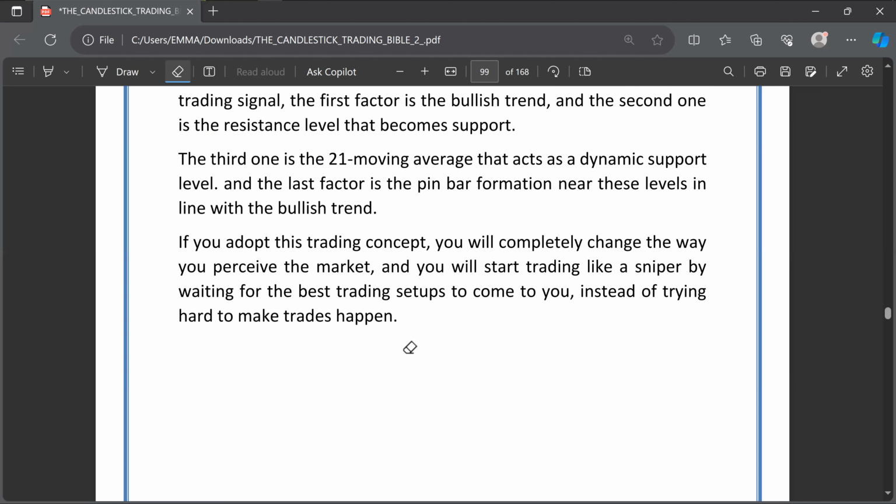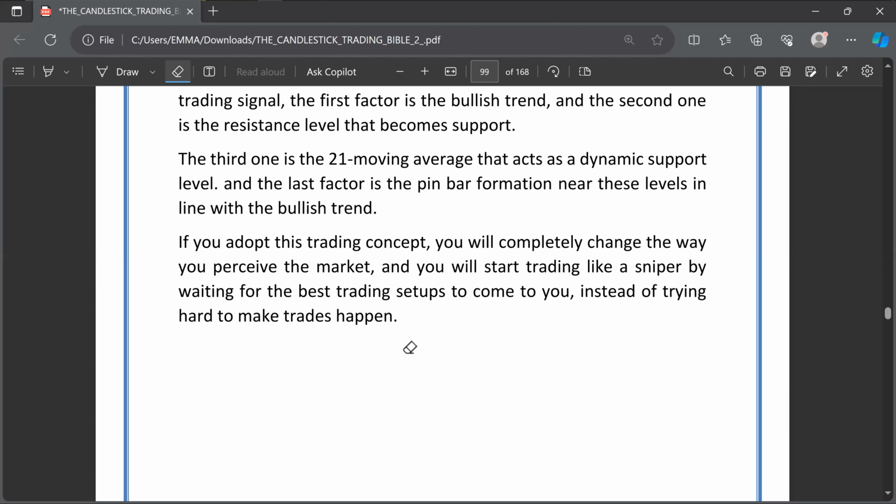This is a special term that we use in trading, a sniper, right? A sniper will have a very tight stop loss, and then very wide or long what? TP. That is it. That's a sniper. It's just a jargon that we use in trading. Like a sniper, by waiting for the best trading setups to come to you instead of trying hard to make trades happen.